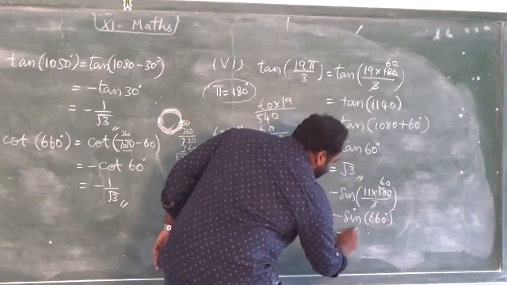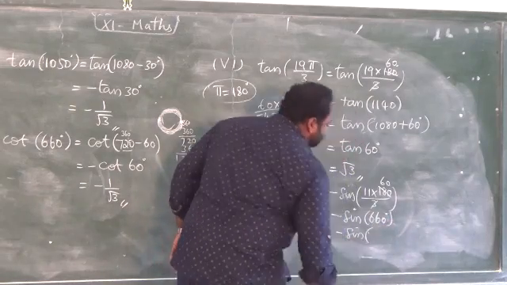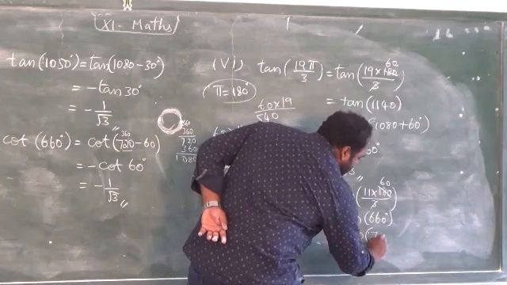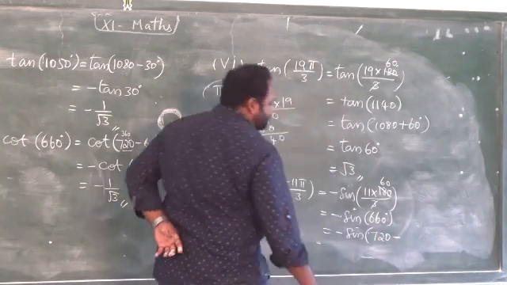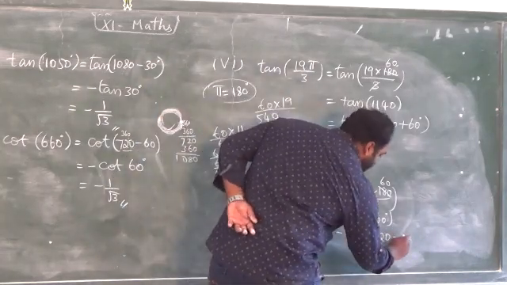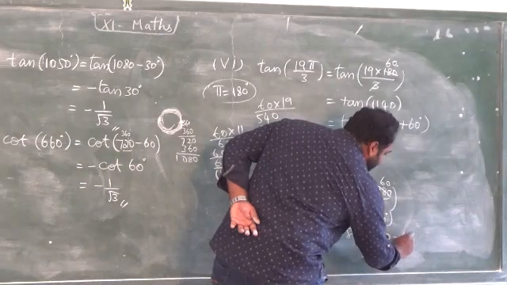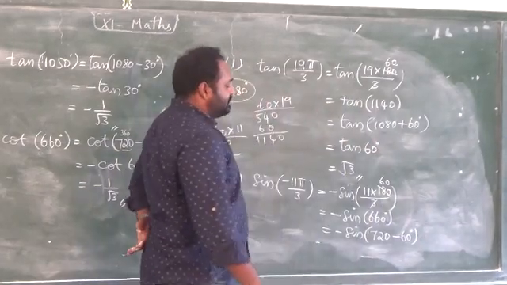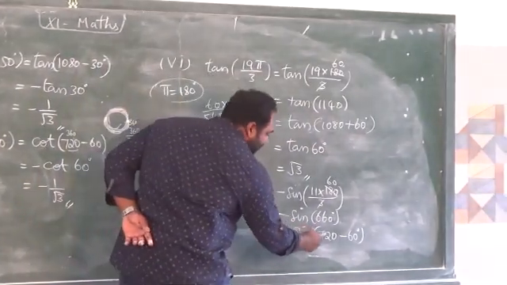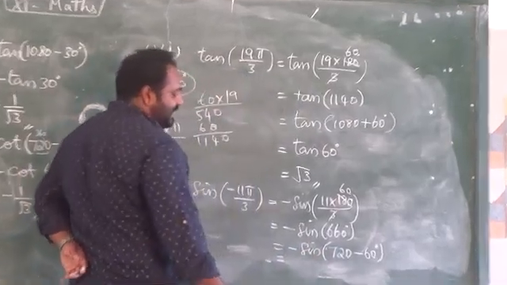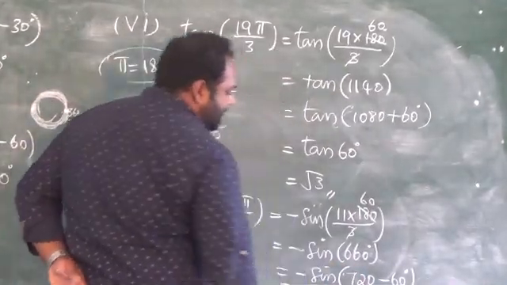So this can be split: 660 can be written as 720 minus 60. We know that 720 is like a 360 degree angle.